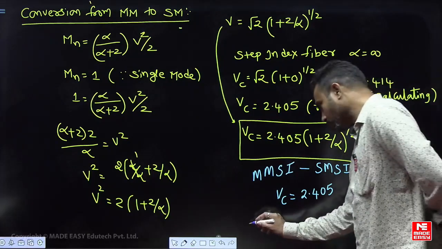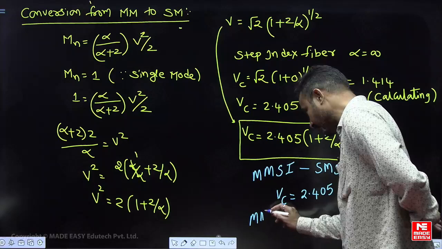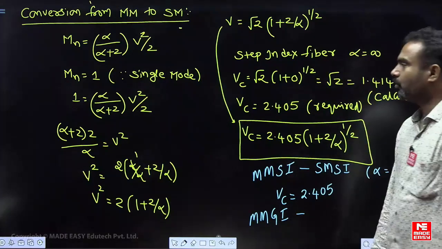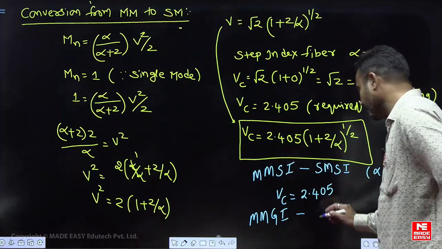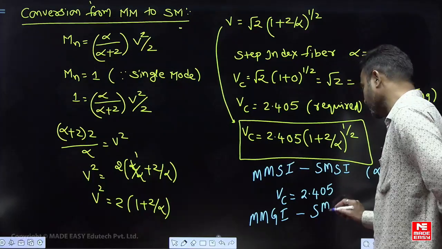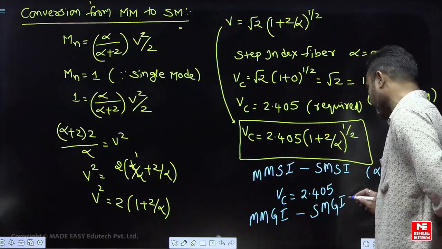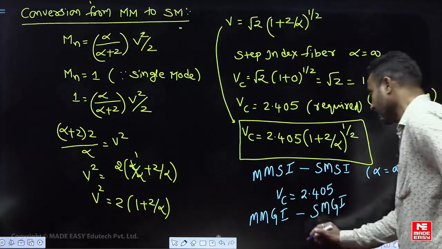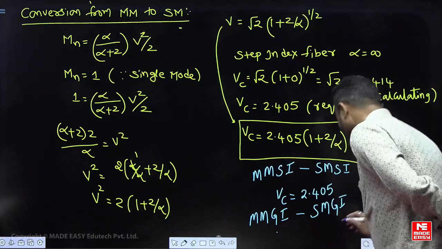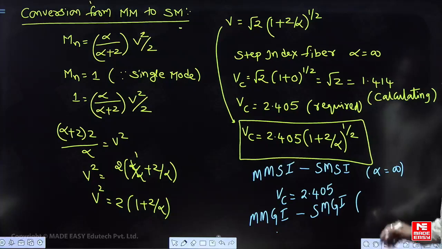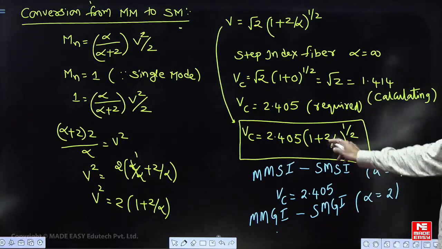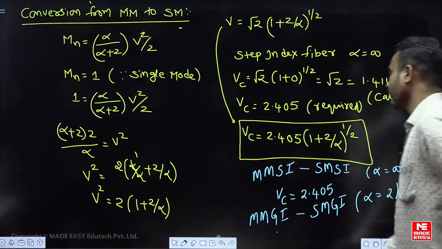Okay, so when you want to convert MMGI fiber, what is MMGI? Multi-mode graded index fiber into SMGI fiber, single mode graded index fiber, we want to convert it. Then what is the formula? The formula is given like this. If nothing is given, then the default alpha is 2. Put alpha equal to 2, and 2 and 2 will get cancelled.